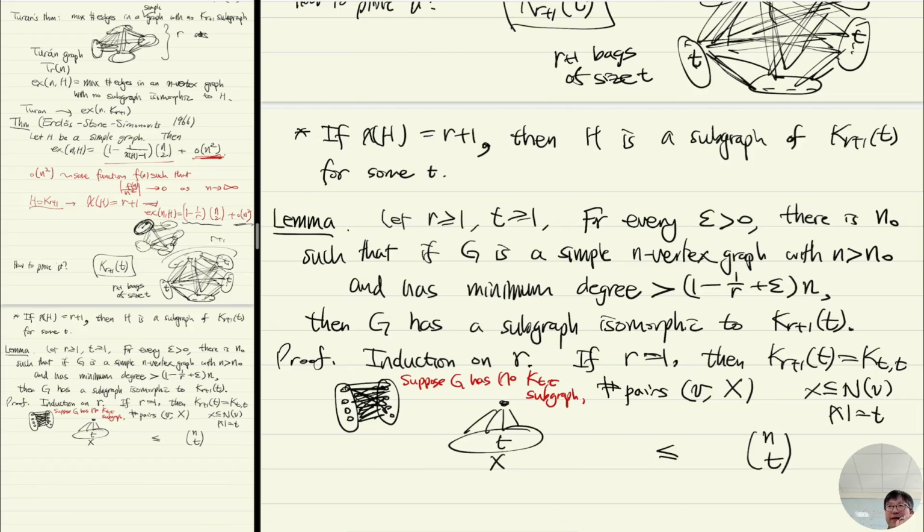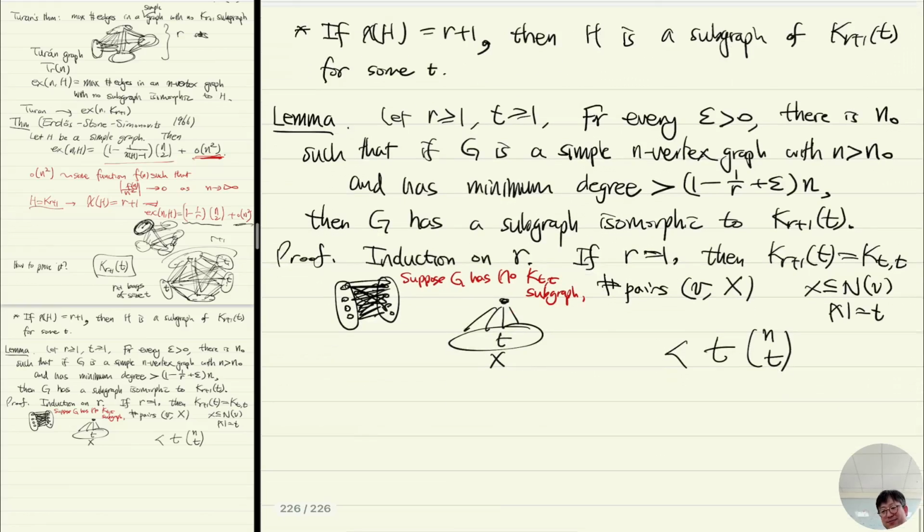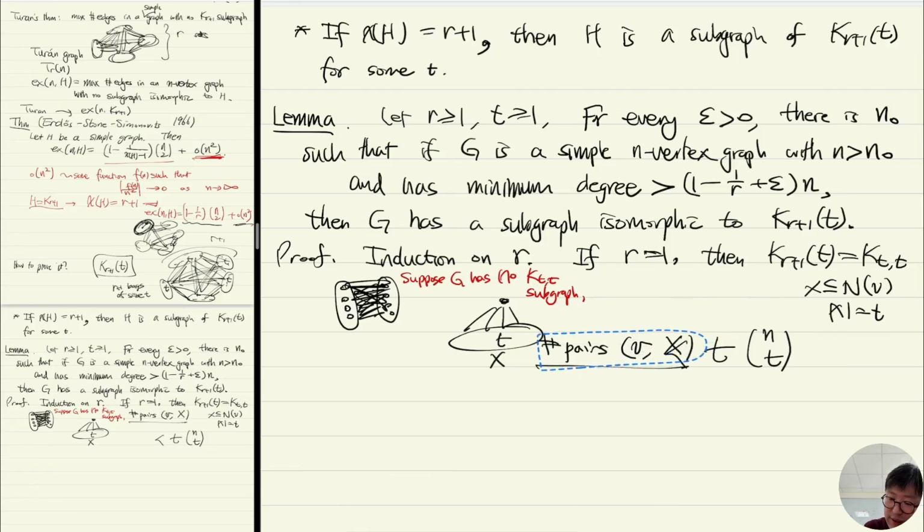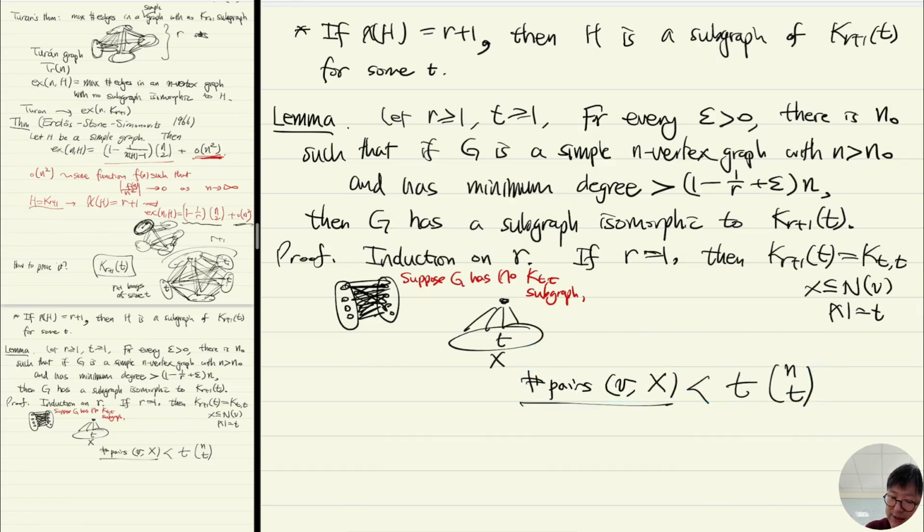So the number of pairs is strictly less than t times n choose t. That's an upper bound, right? So for every x, I have at most t minus 1 common neighbors, so it's t times n choose t.